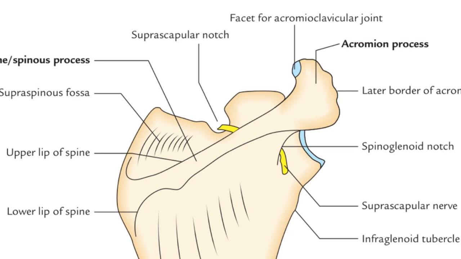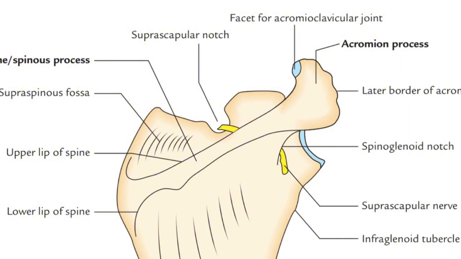We have the suprascapular nerve. The suprascapular nerve is a very, very important nerve from the brachial plexus. It comes from C5, C6, which is the upper trunk of the brachial plexus. It passes through the suprascapular notch.